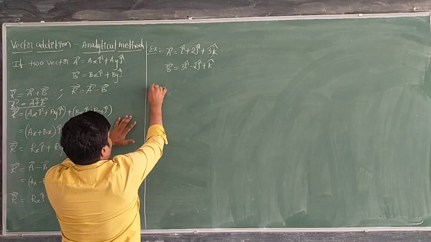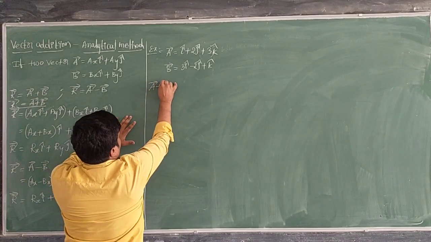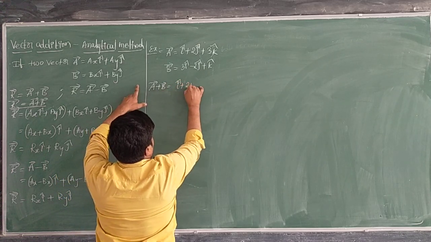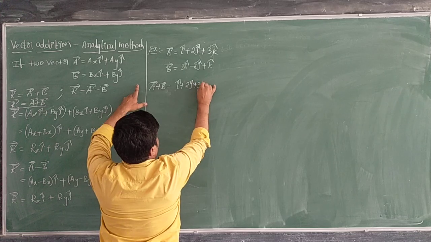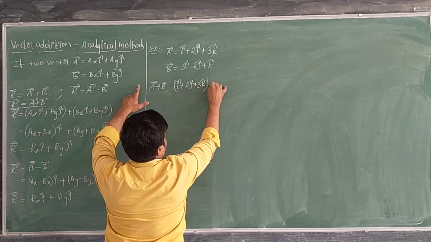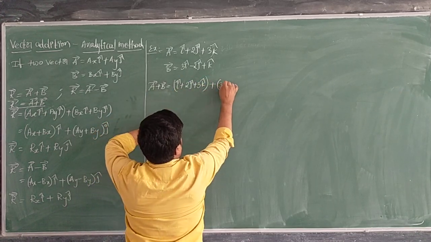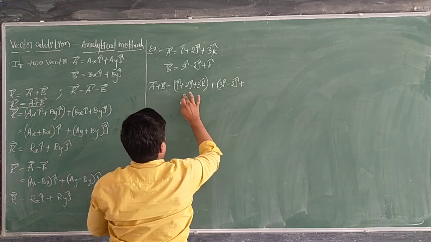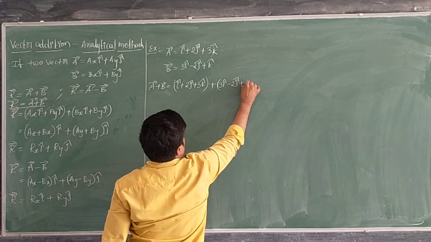What is A bar plus B bar? A bar is i cap plus 2j cap plus 3k cap, plus 3i cap minus 2j cap plus k cap.